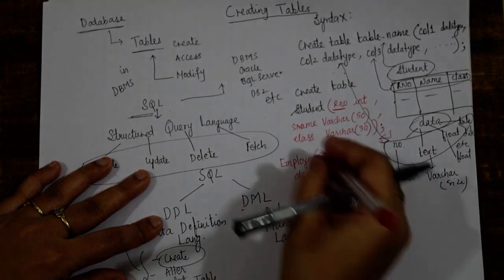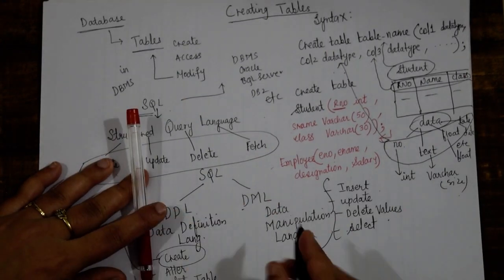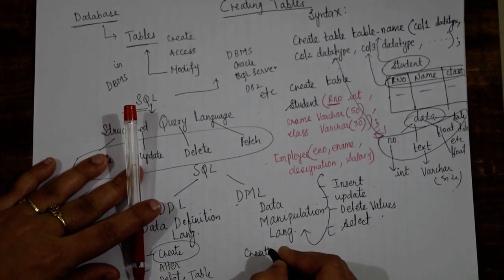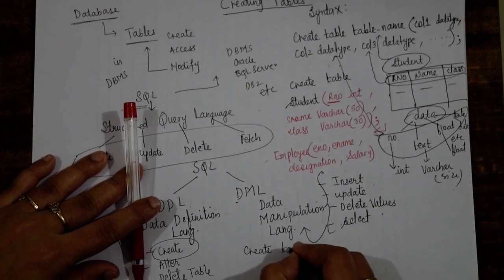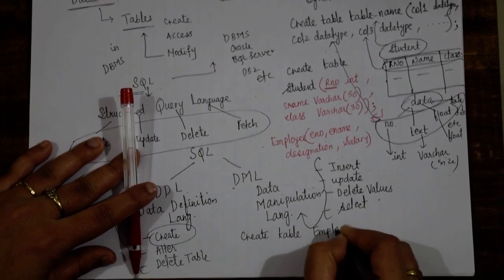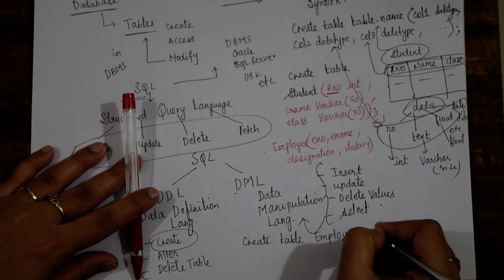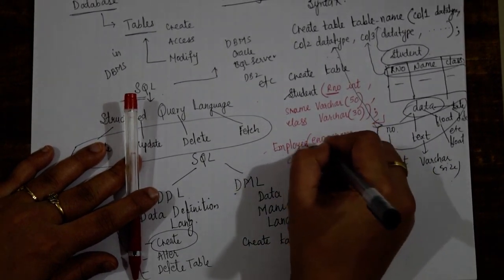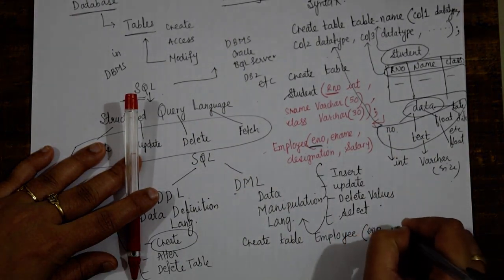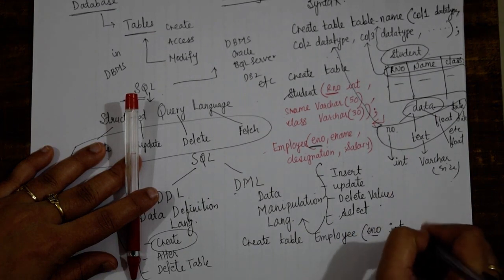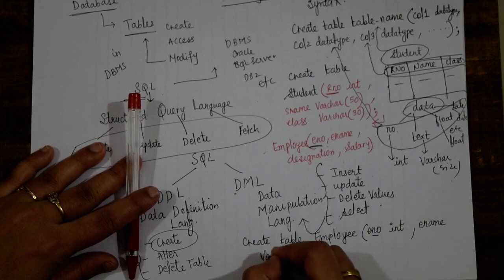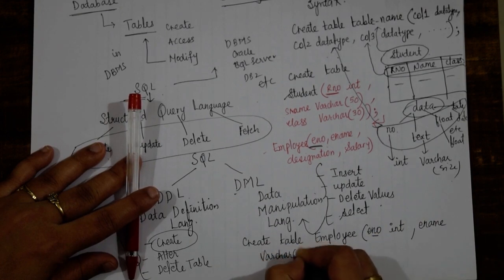So the create statement for employee is create table employee, into bracket, first is e number, it is a number, so data type is integer, comma, e name, data type will be varchar.